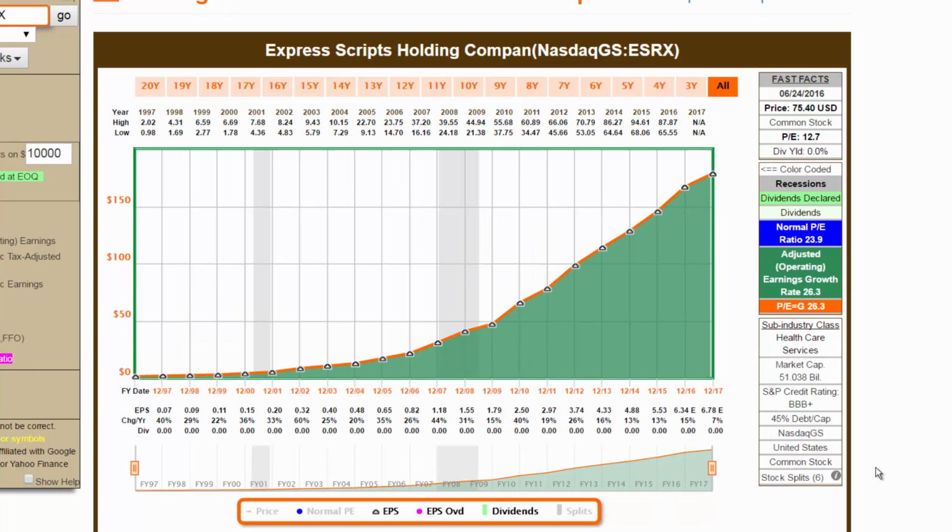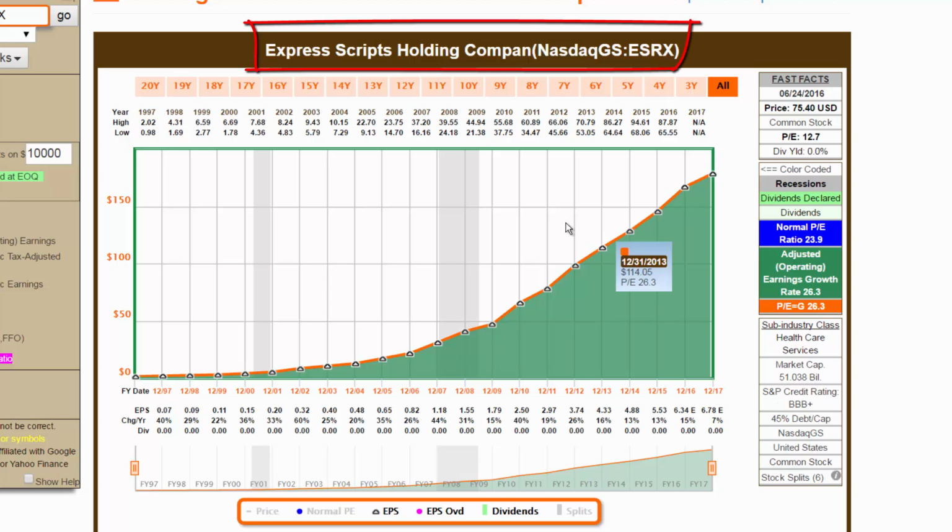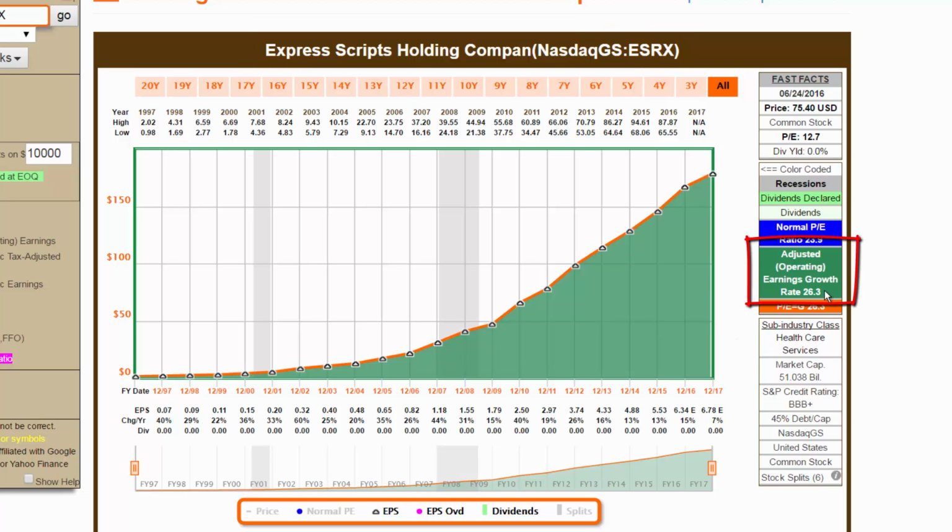With my second helpful hint on how to interpret and utilize the orange valuation reference line, I'm going to jump from low growth to a company that has a history of growing very fast, Express Scripts Holdings. Here I want you to notice that the growth rate is 26.3.